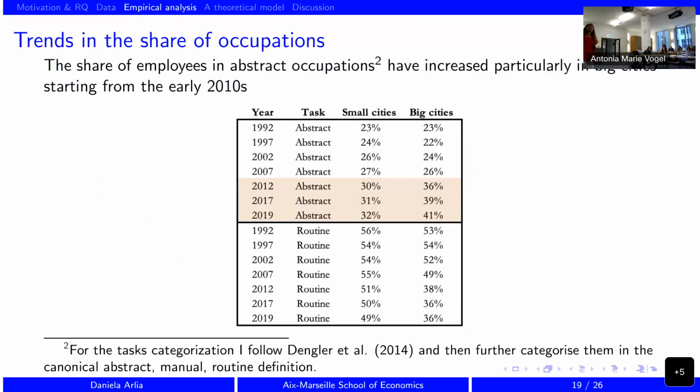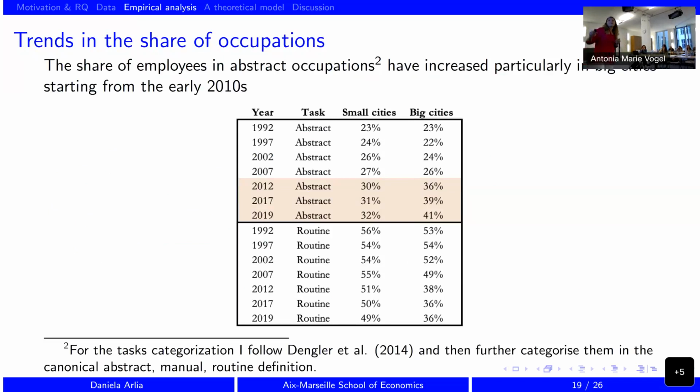So then when we look at the trends in the share of occupations, what has happened? The share of employees in abstract occupations has increased indeed, particularly in those big cities, starting from the early 2010s.